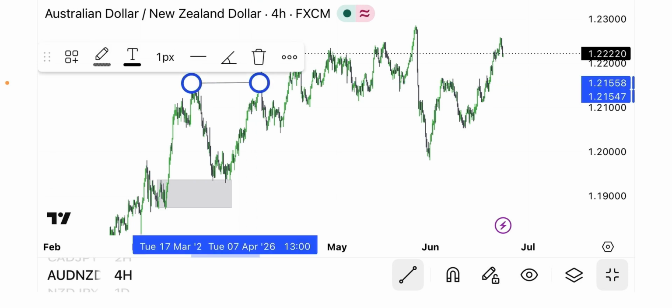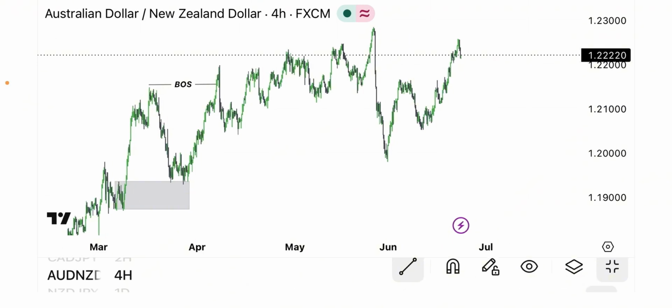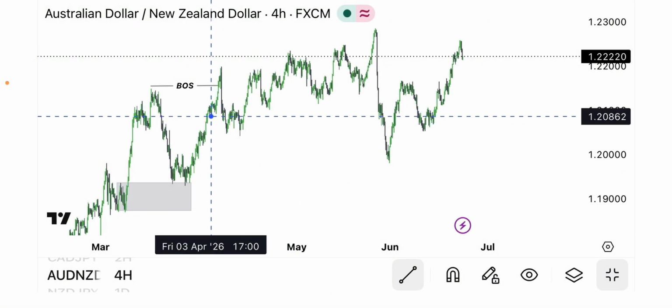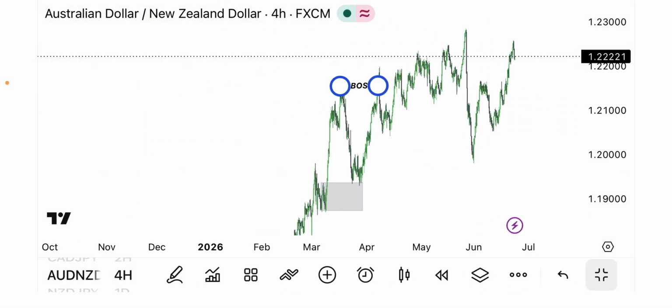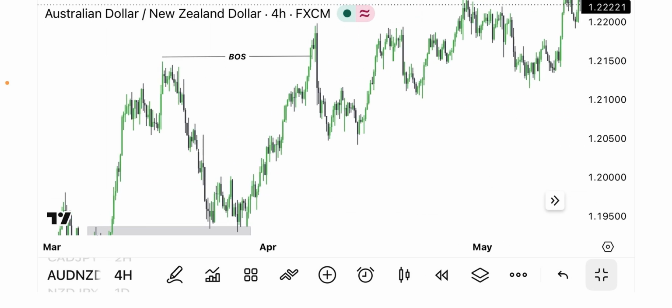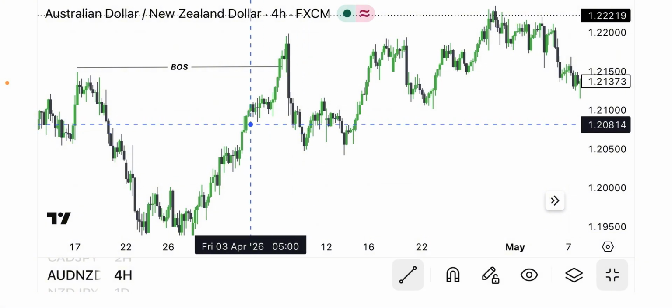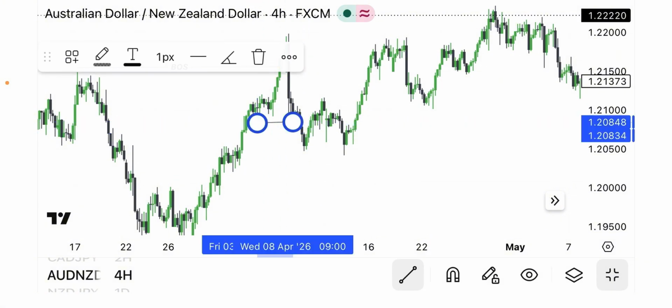Broke structure here, break of structure, right? After the market broke structure there, if you look at it clearly, we had another inducement in here. Do you understand? Inducement.